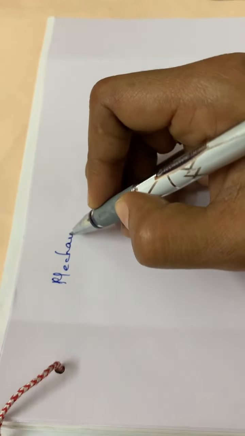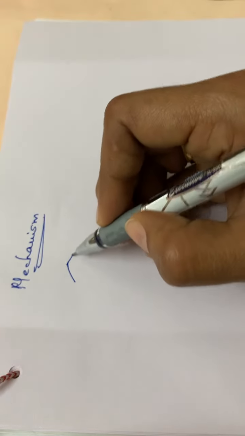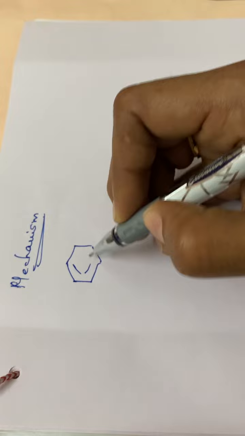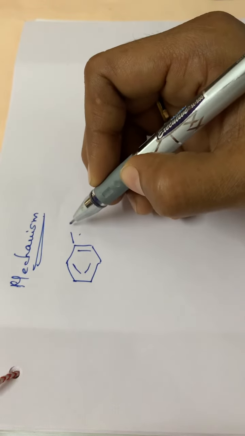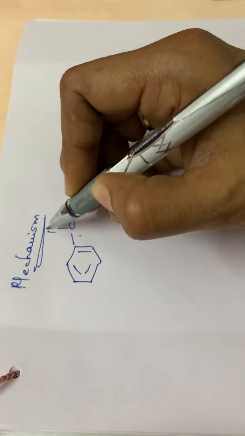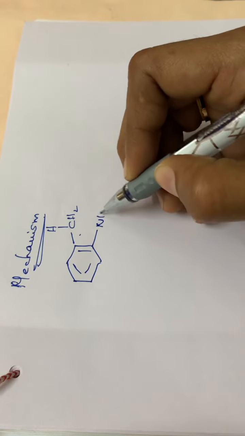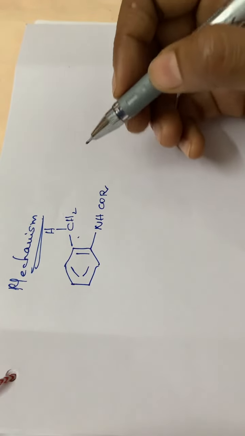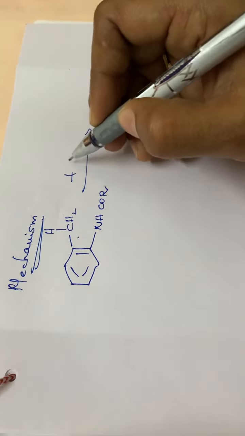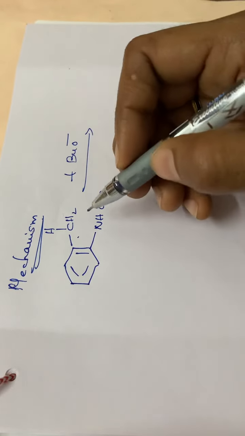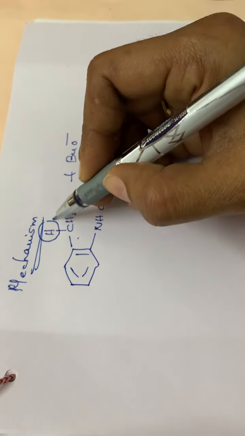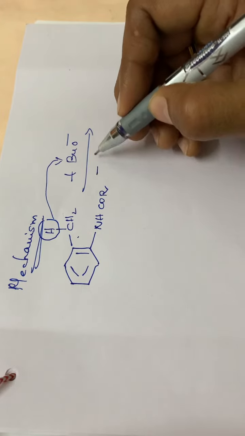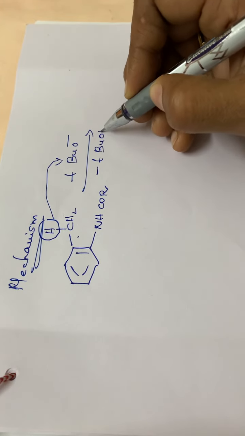Mechanism. I made one mistake in between. C6H5, then CH2, then H, then NH, COR, then in presence of tertiary butoxide, TBuO minus. So this hydrogen will be abstracted by TBuO minus, so that it is eliminated as TBuOH.